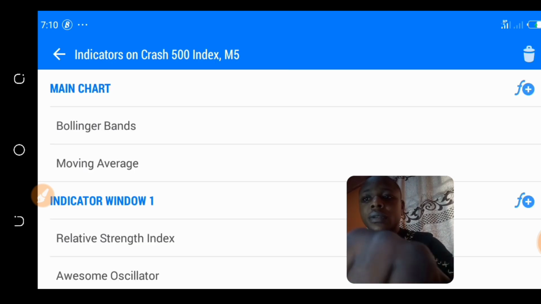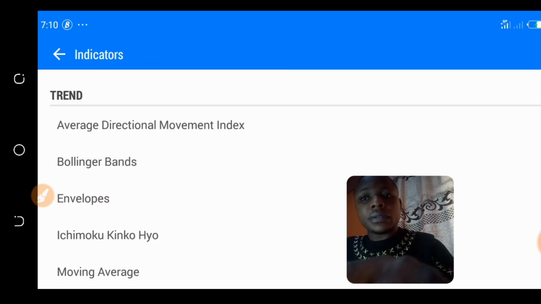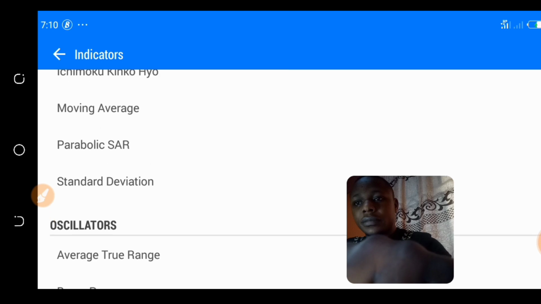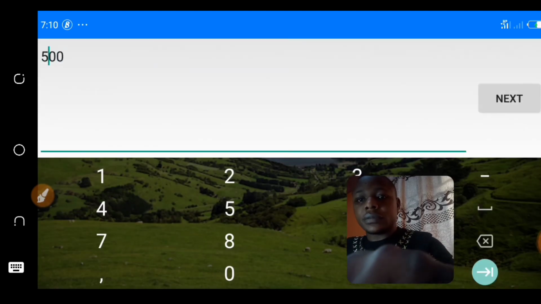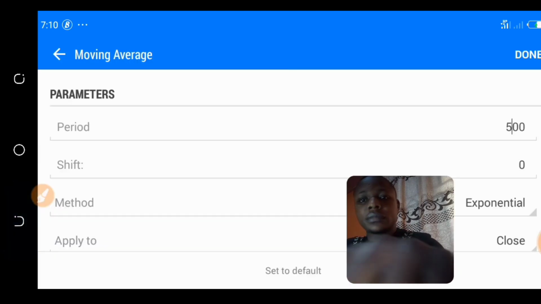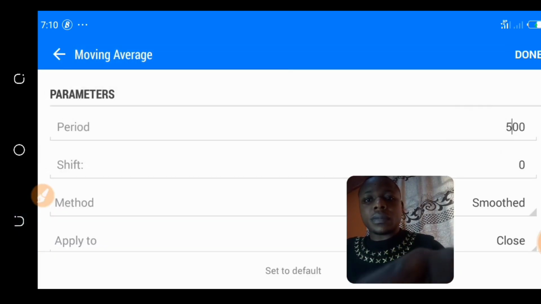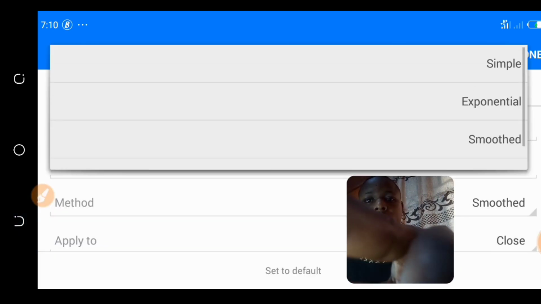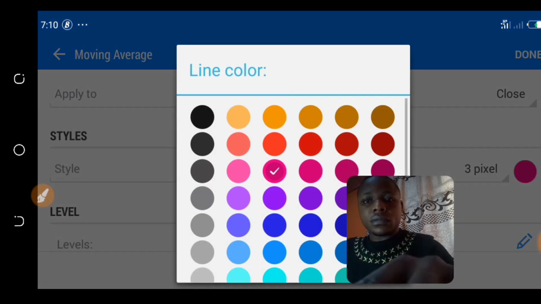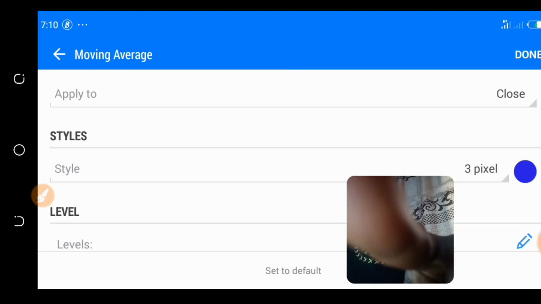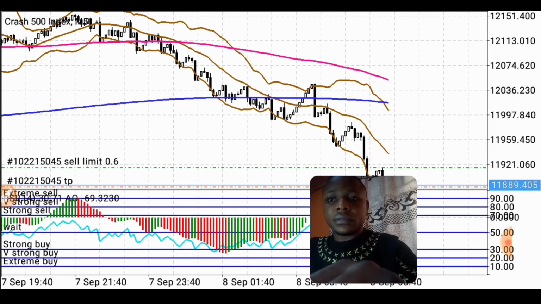Okay, let's leave that one. EMA 500, exponential, apply to close, and blue.